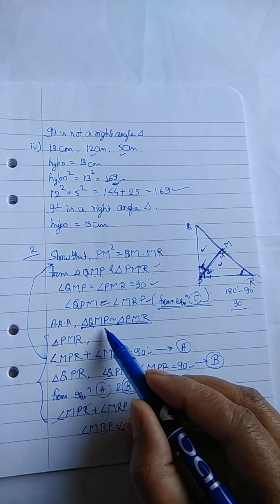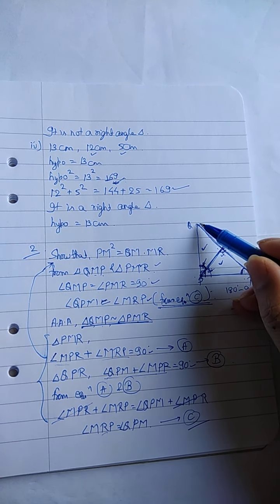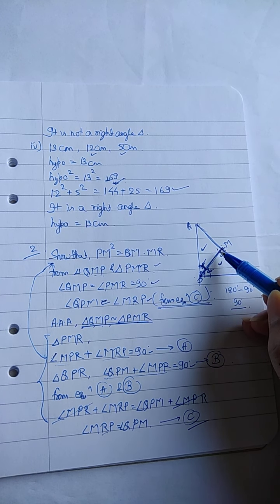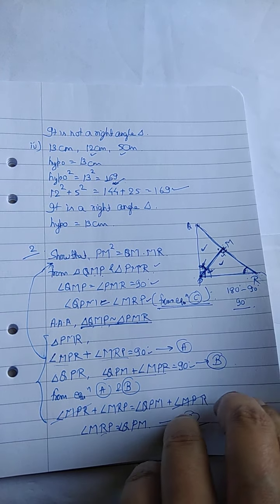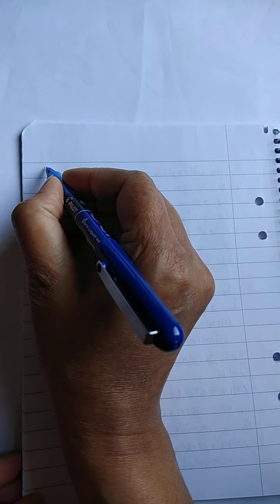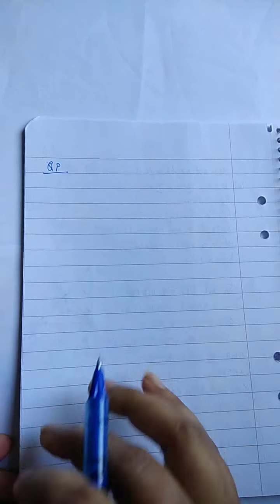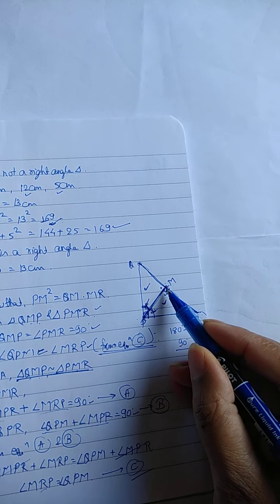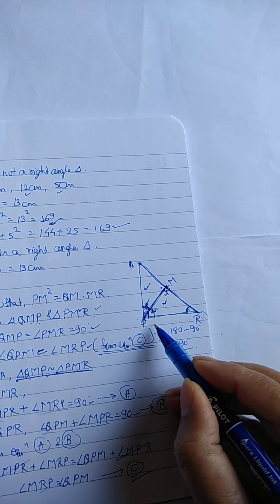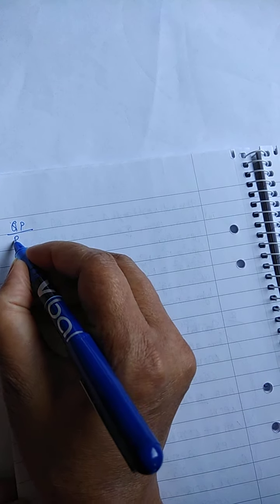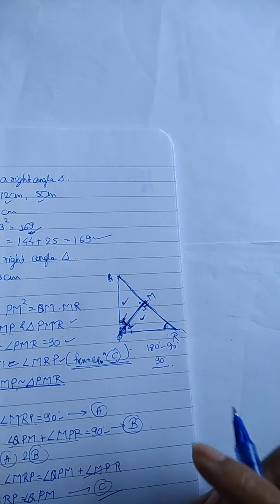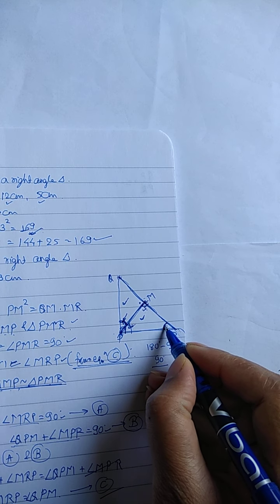So in QPM, what is the corresponding side? In QPM, since this is 90 degree, so QP by, in this triangle this is 90 degree, so PR, equals to, this angle is equal to this angle, right?